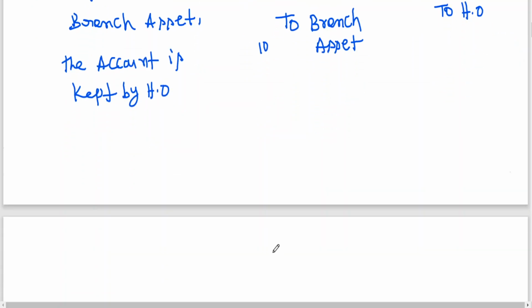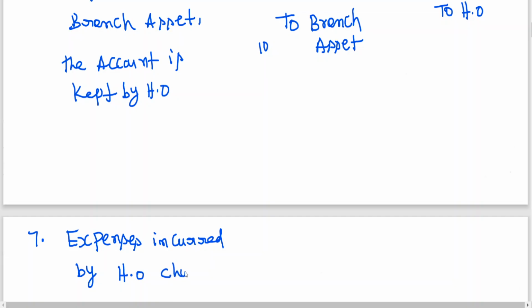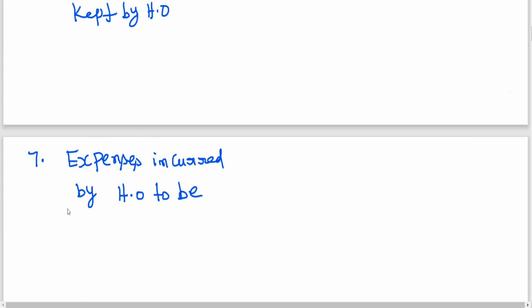please come. Now, 7. Expenses incurred by head office to be charged to branch.